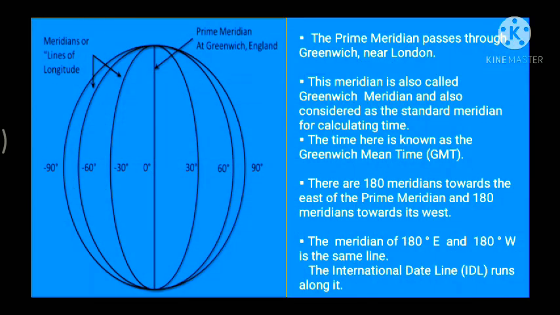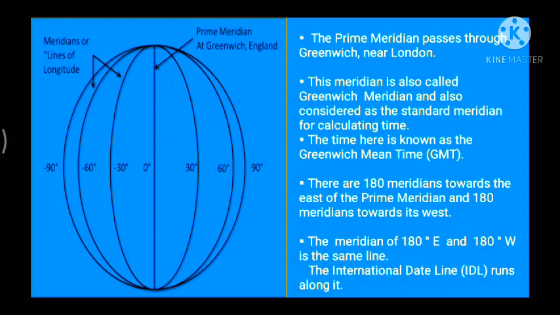and this Prime Meridian passes through Greenwich near London. This meridian is also called the Greenwich Meridian, and it's considered as the standard meridian for calculating time. The time here is known as the Greenwich Mean Time, or in short we call it GMT.